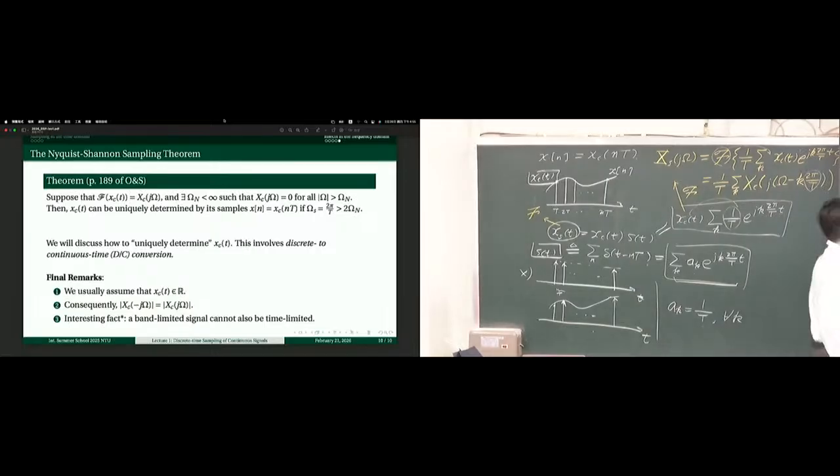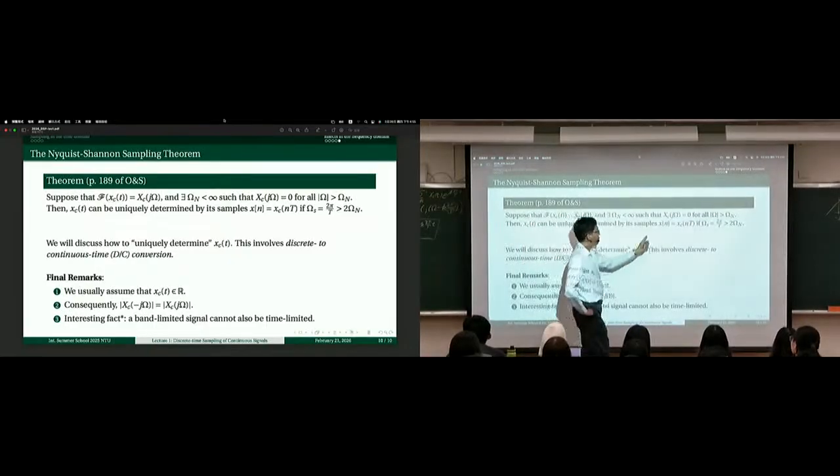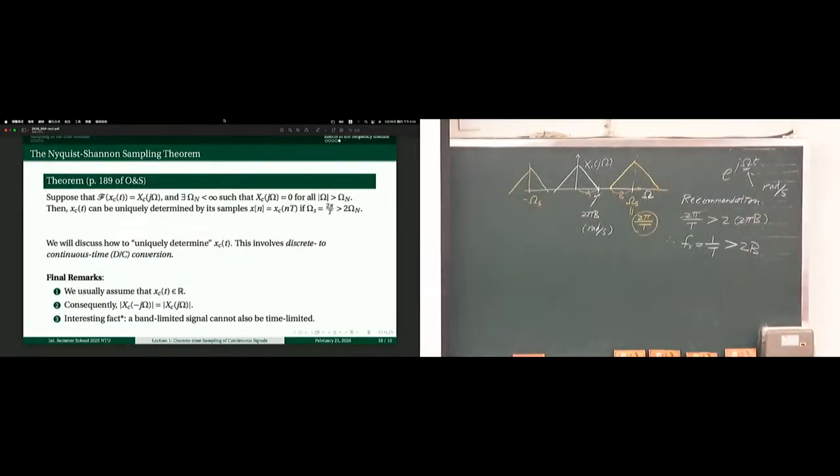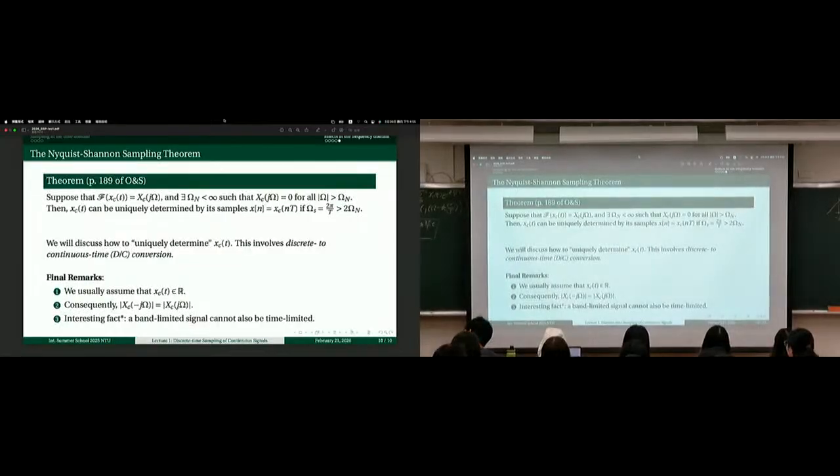Then it's okay if we sample with a frequency that's at least 2 times that limit. If you sample with a sampling rate at least 2 times higher than the bandwidth, you're fine.